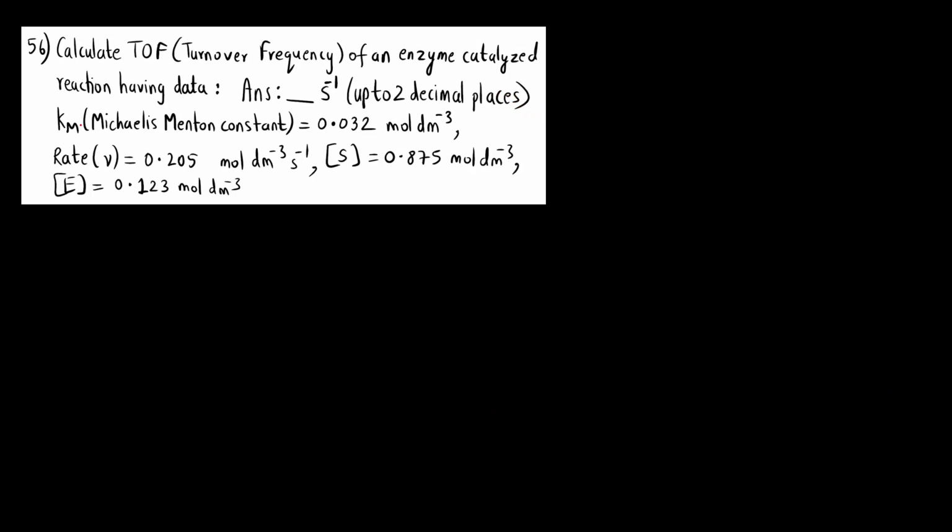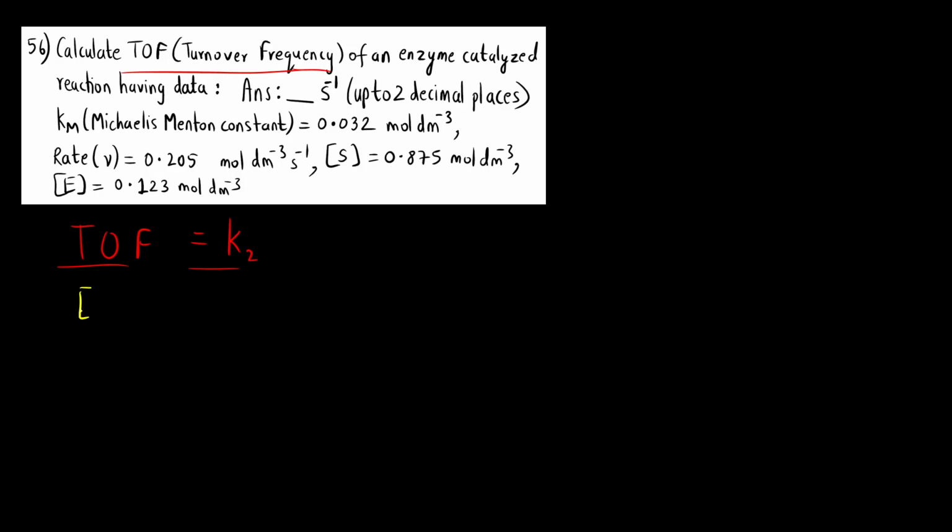Next question, 56, turnover frequency. If you don't know turnover frequency, you cannot solve this question. What is turnover frequency? Turnover frequency is K2. Some textbooks write K2. You remember that. Everything is given to us.